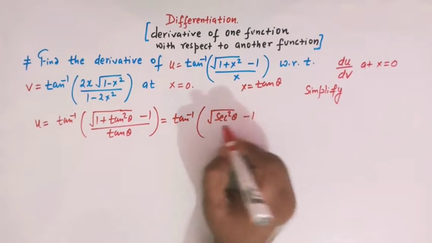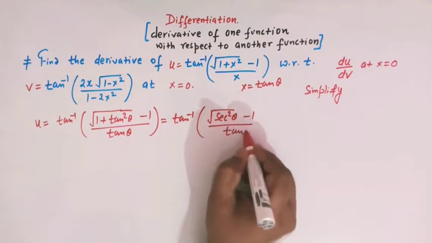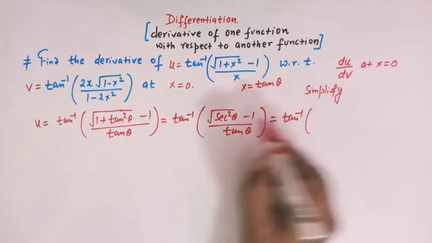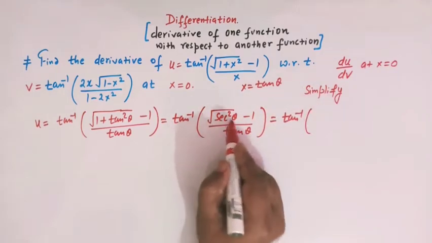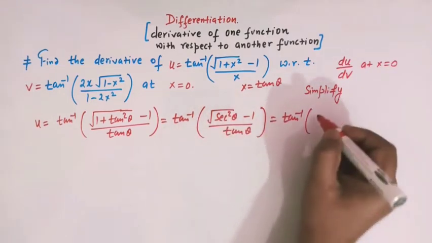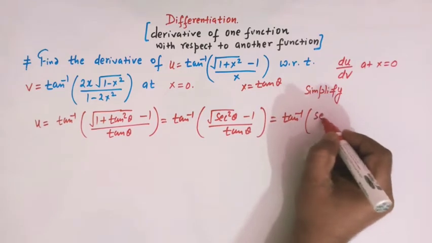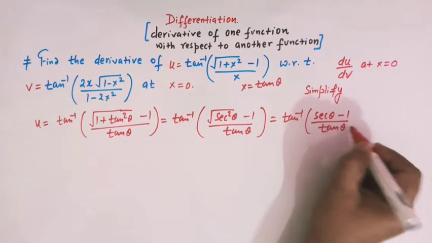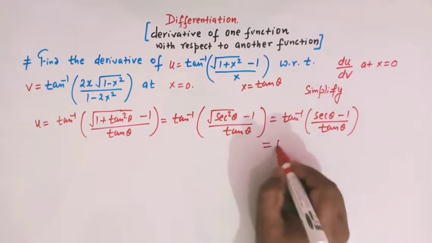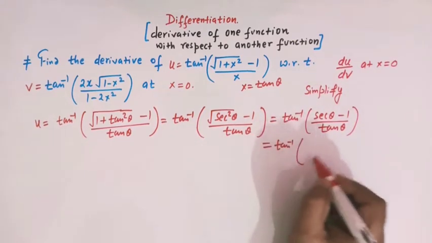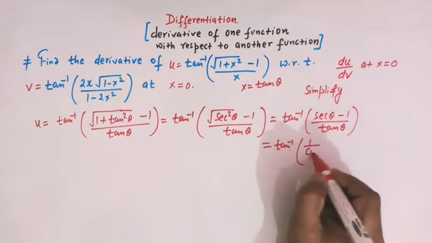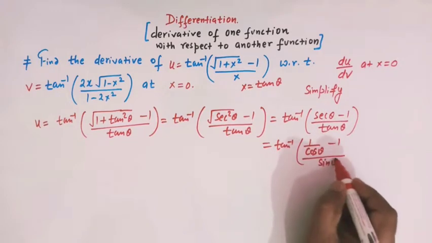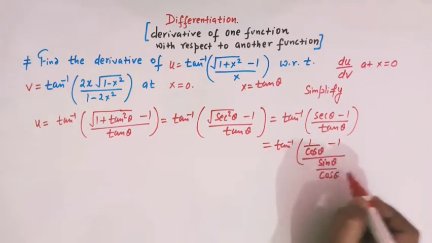So we can take sec square theta out of the square root sign, and we have simply sec theta minus 1 over tan theta. Further, this is 1 over cos theta minus 1, over sin theta over cos theta.